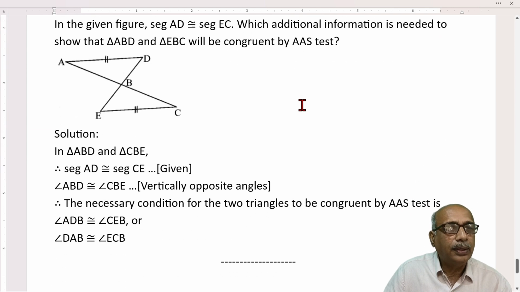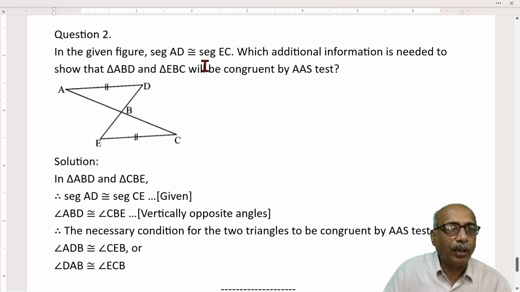Next, in the given figure, segment AD congruent to segment EC. Which additional information is needed to show that two triangles ABD and EBC will be congruent by AAS test?